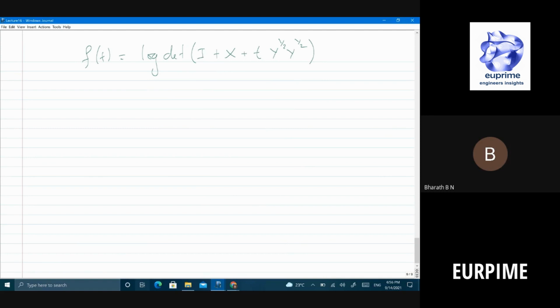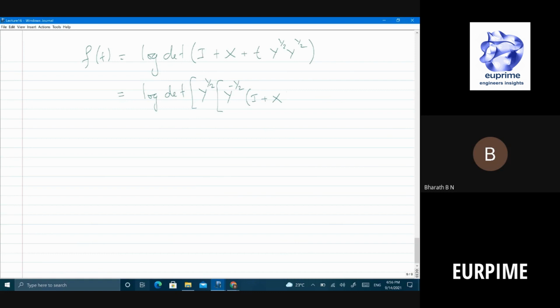Okay. Now I'll pull y power half outside. So what do I get? I should have y power minus half, identity plus x. I might have to multiply t to x rather than t to y.